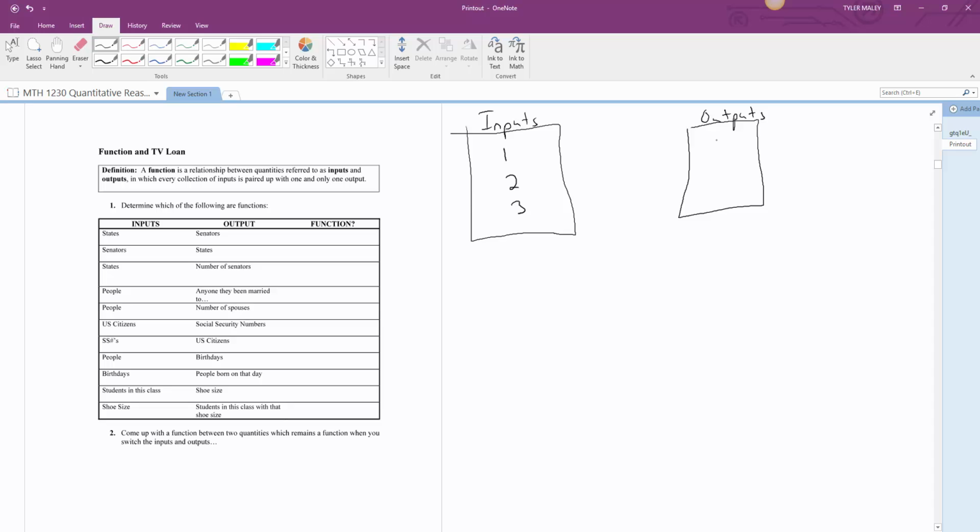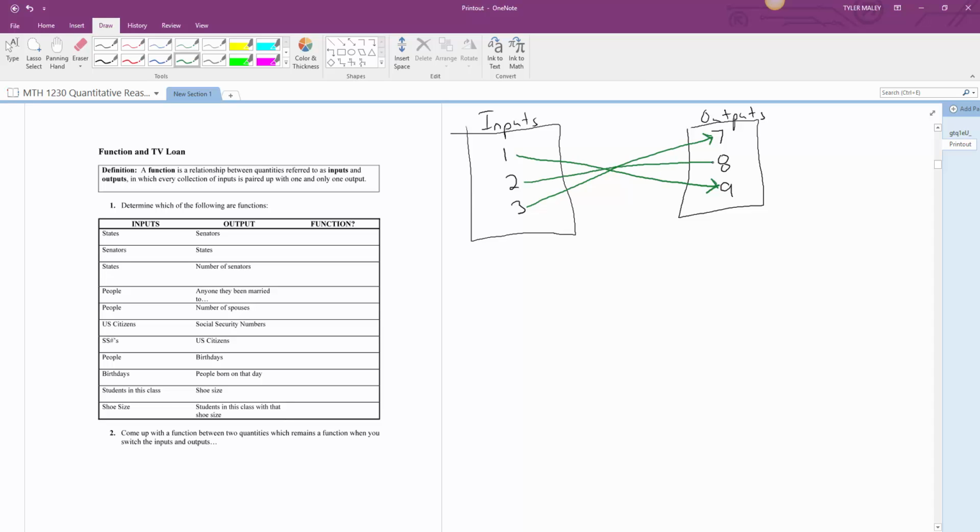And maybe for outputs, my options are 7, 8, and 9. Right? So if I draw an arrow from 1 to 9, right, that means 1 gets mapped to 9. Right? 1 is my input, and then my output becomes 9. Right? So we can draw this diagram to show inputs and outputs. Right? You've probably, like I said, probably seen this before.